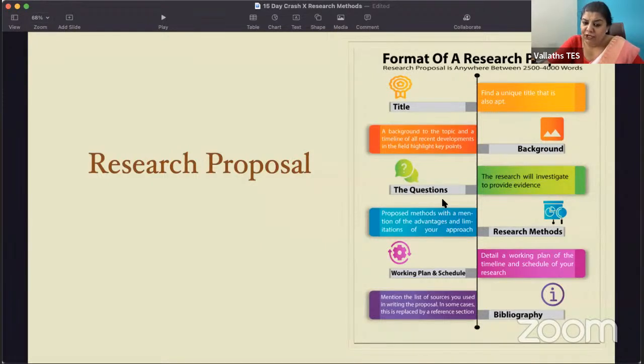And then you have to present your research questions. What are your research questions? Okay, 1, 2, 3. These are the research questions that I am addressing. Research question also can be followed by hypothesis, as I already said. After that, you have to present your methods, methodology. How are you going to study the data? Methodology of research you have to show.